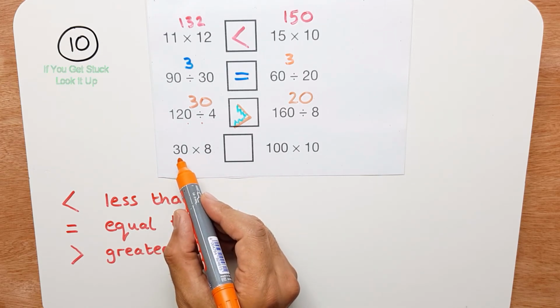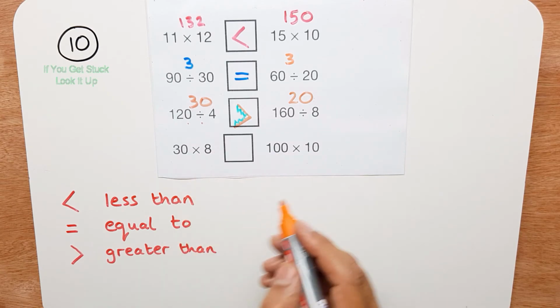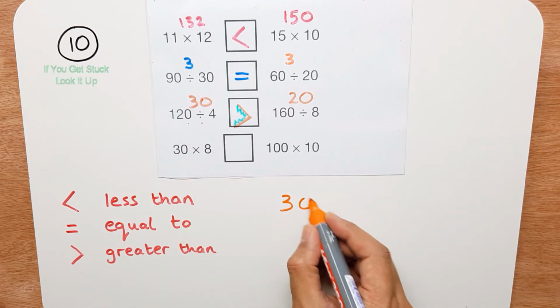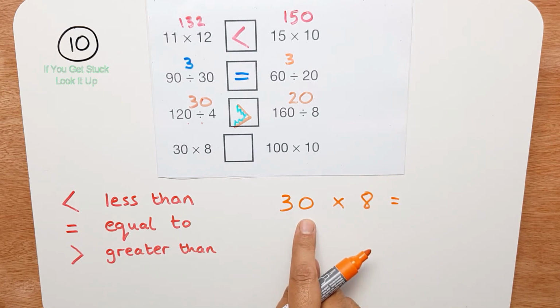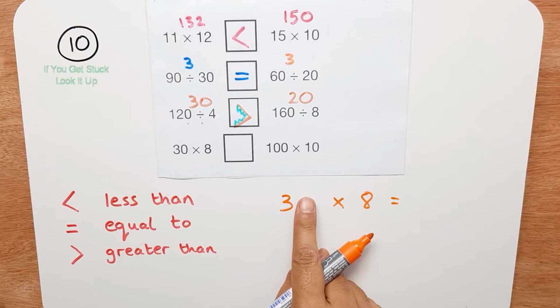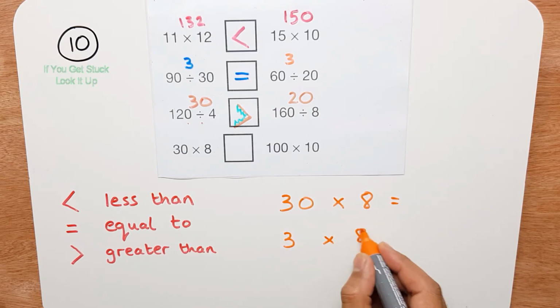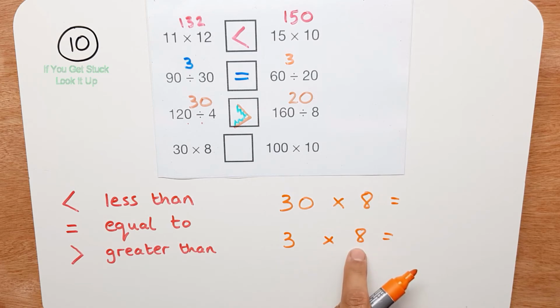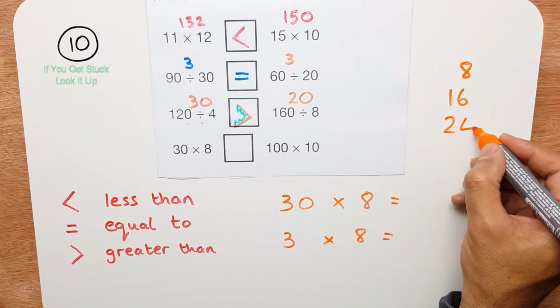Now we have this 30 times 8 and 100 times 10. So let's do this one first. 30 times 8. Now what you can do again is hide this 0. So your calculation is 3 times 8. And if you know your 8 times table, this is easy. So it's 8, 16, 24.